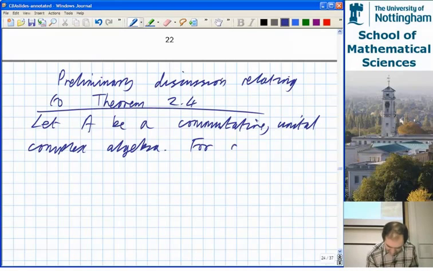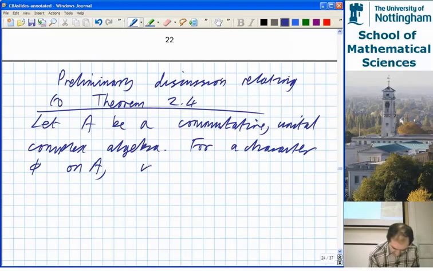For a character phi on A, we know from the discussion above, phi of 1 equals 1.